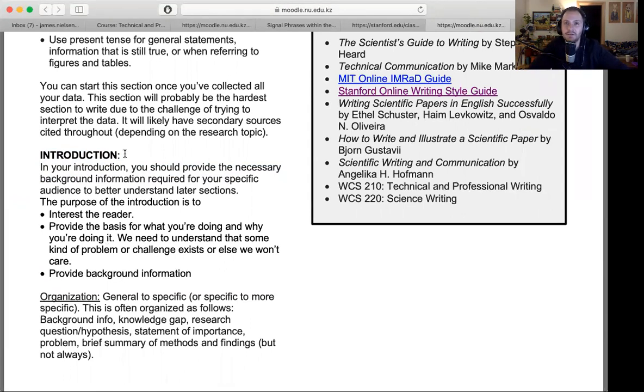But generally, the introduction used to be what the abstract is now. Back then, the introduction was that thing that the abstract does, which is to engage the reader, to interest them as to whether or not they want to read this report.